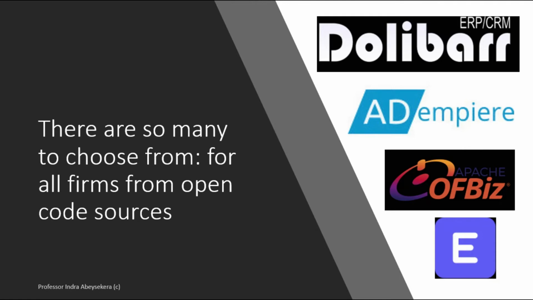Examples of these are Toliba, AD Empire, of Biz, and E. These open code sources are freely available, or the online community can volunteer to write codes for the enterprise, provided that those codes will be later freely available for others to use.